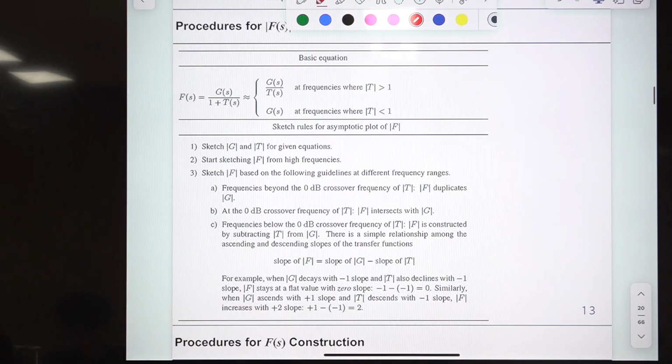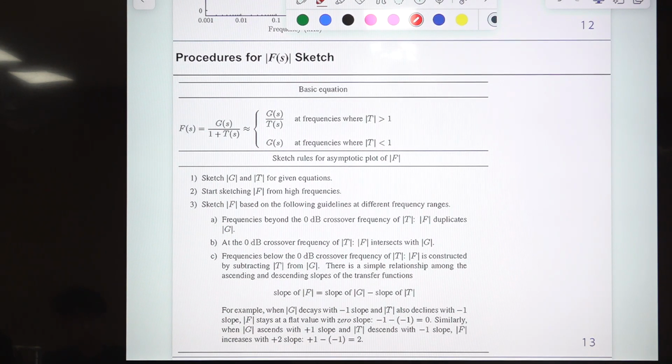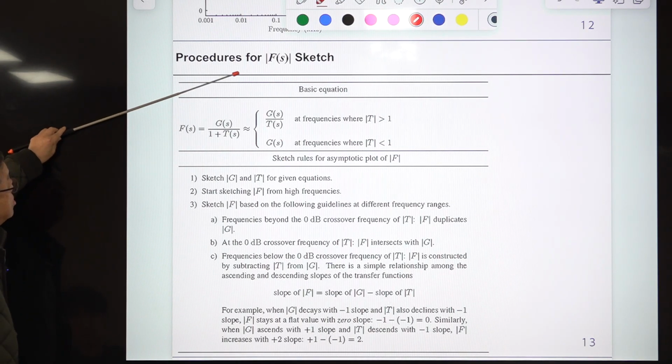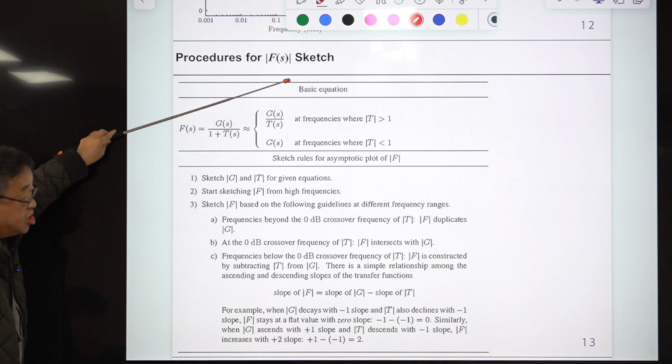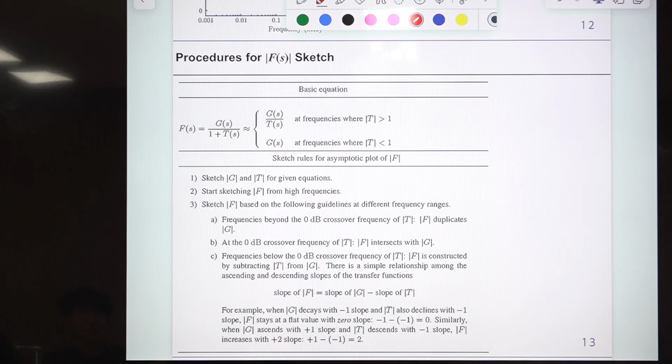I wrote down some procedure here. I don't want to go through this line by line. So this is the procedure. I took this page from my book, okay? So I already explained this, the procedure of FS sketch, asymptotic plot of composite transfer function, and the only important one is to sketch this GT individually and sketch F from the high frequency, okay?